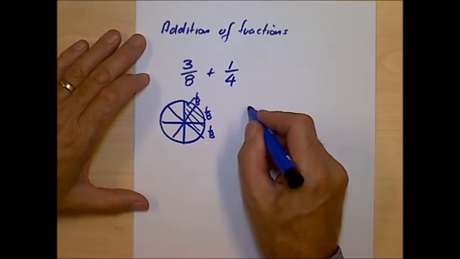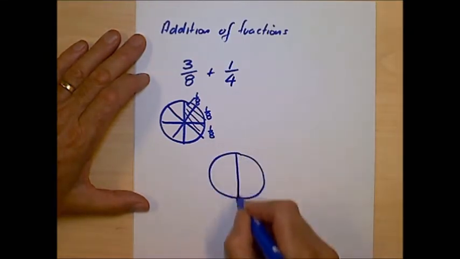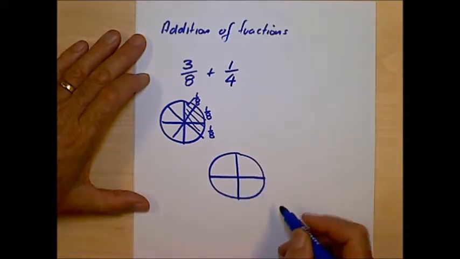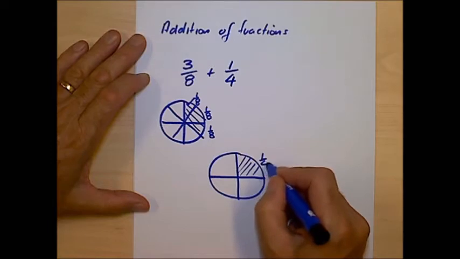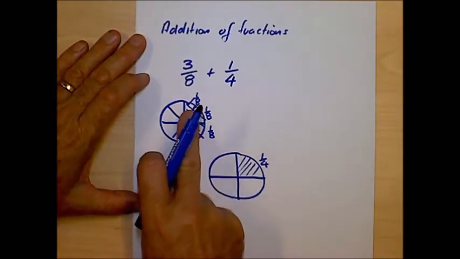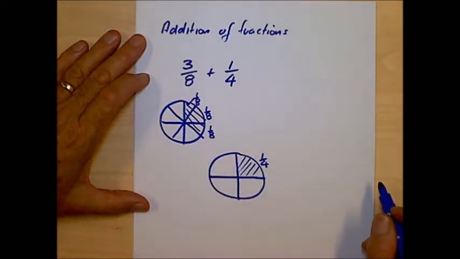Now, 1/4, we need to understand as: we've only divided the whole up into 4 parts and we're choosing one of them. So that's 1/4. If I want to add 8ths to 1/4, we can't do that because the pieces are not the same size. So what we need to do is to make the pieces the same size.